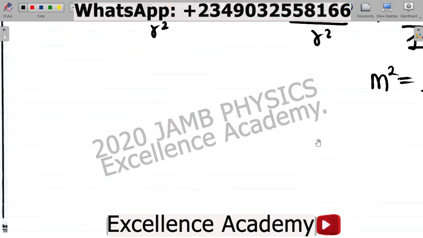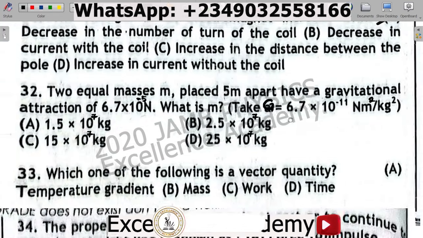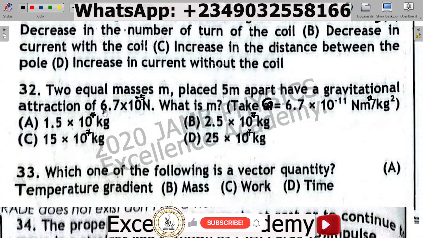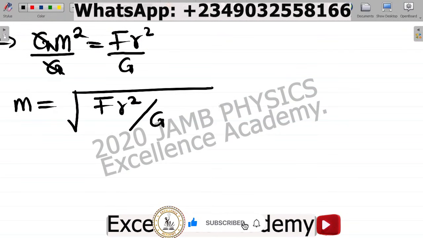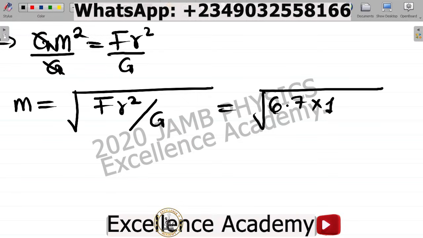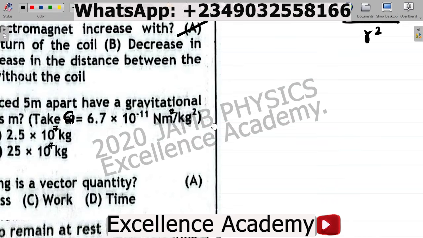Now let's bring in values. What's the value of F? F here is 6.7 times 10 to the power minus 5. So this is equal to square root of 6.7 times 10 to the power minus 5. This is F, times R squared. What's R? Distance of separation, distance between them.